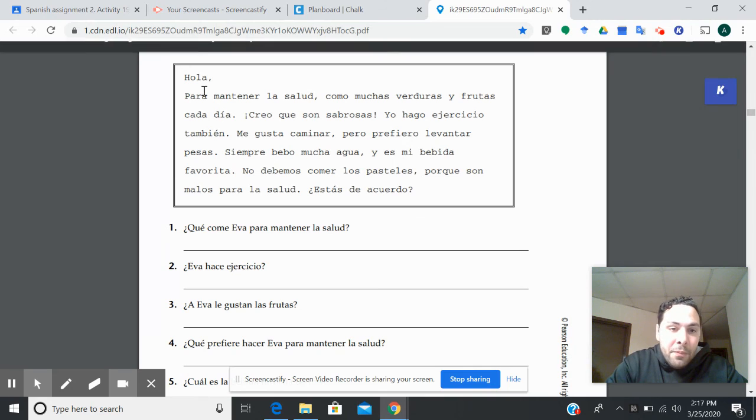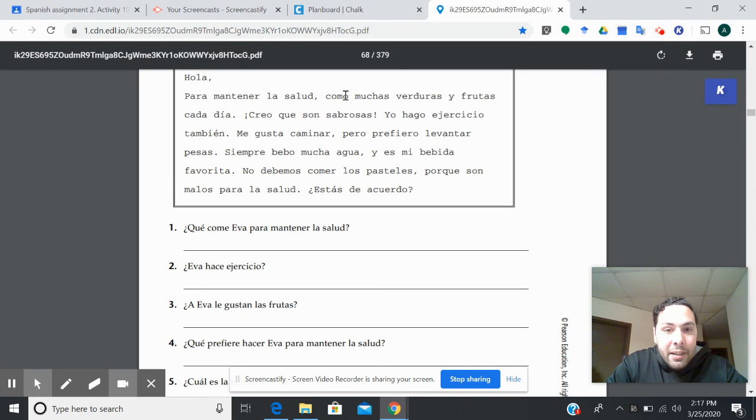Okay, so for example, para mantener la salud, the verb here is comer. And here she said como, but that means I eat. We need to say she eats. So we're going to say come, okay? C-O-M-E, because we're talking about ella. So, come muchas verduras y frutas cada día. And that would be your answer for number one.